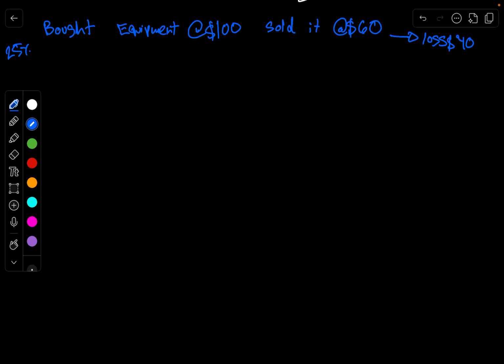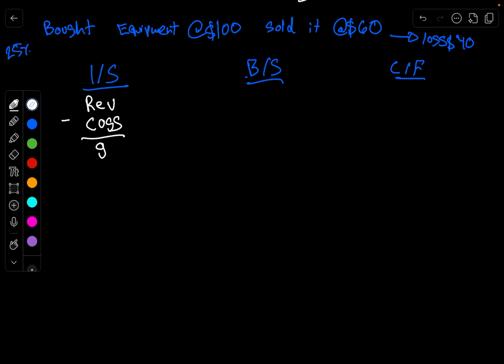So how's that going to look on our income statement? Well, actually, let me write the other ones out first. On our income statement, we are going to recognize this loss. Something that I have been making as a simplifying assumption on our income statement was that it goes our revenue minus our cost of goods sold. That gives us our gross profit. We subtract out our operating expenses. That gives us our EBIT.